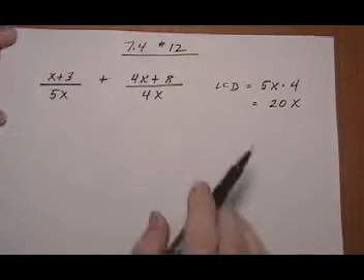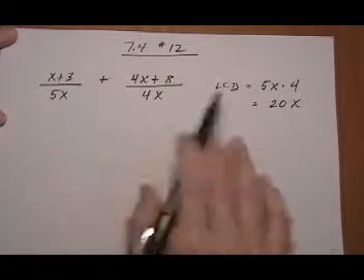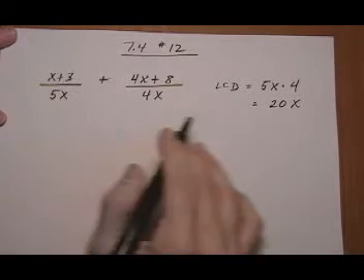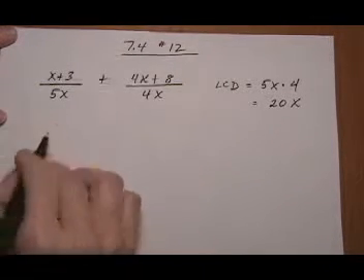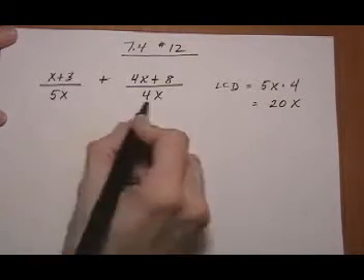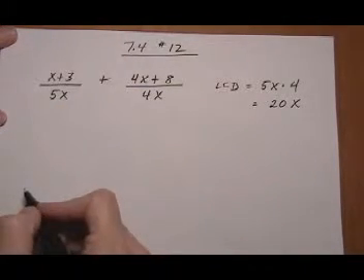So the LCD should contain each denominator completely without having any extra factors in there. All right, that means our next step is going to be to turn the fractions into new fractions with a common denominator of 20x.